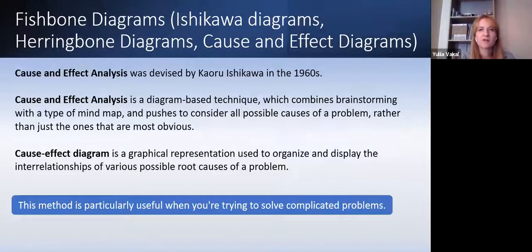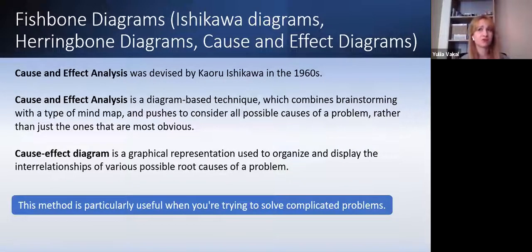So if you would like to have something more formal, and the process could be done in a more formal way, we could do, for instance, a fishbone diagram or Ishikawa diagram, herringbone diagram, cause and effect diagram. You can find different names, but basically it's the same thing. It was introduced in the 1960s.